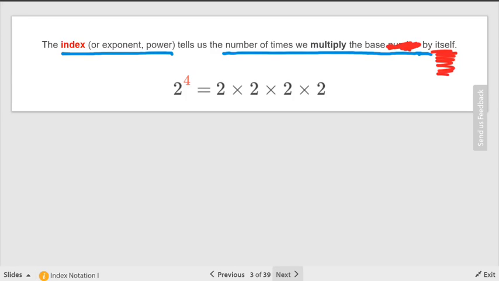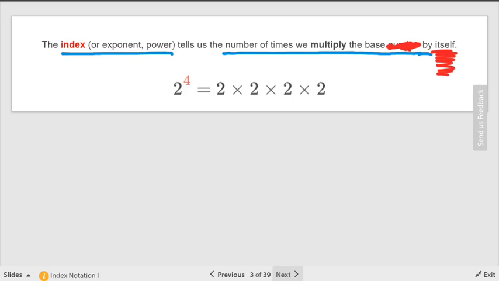So the base by itself. Okay? It can be a number, it can be a letter, it can be lots of other things too, as you move forward. Okay? Everybody got that down? No, you don't need the example because we'll write the example next to it, right?